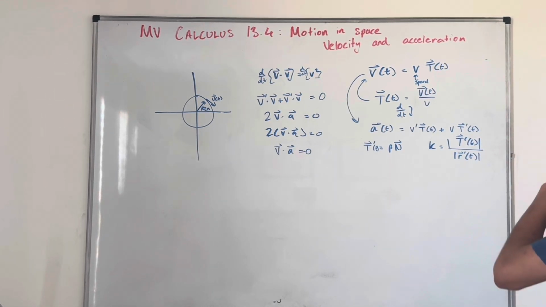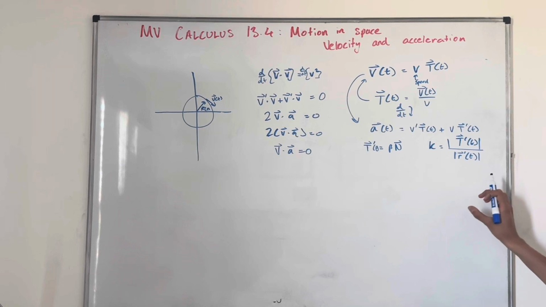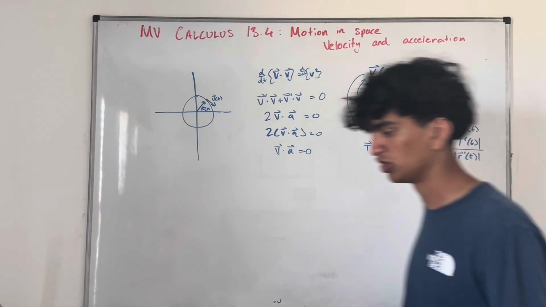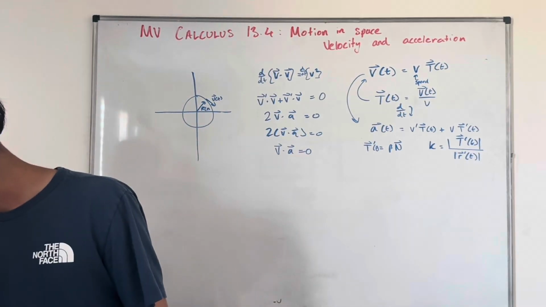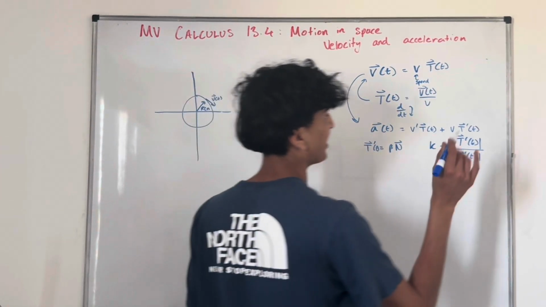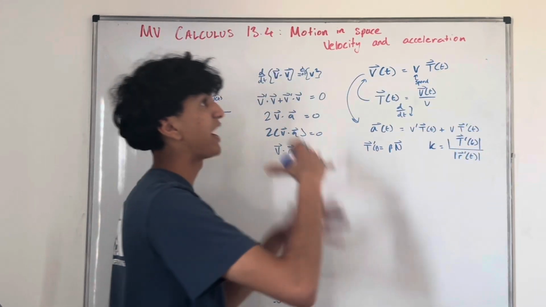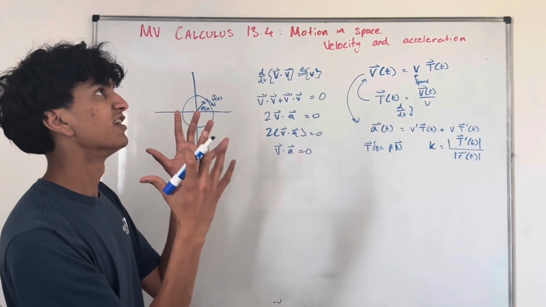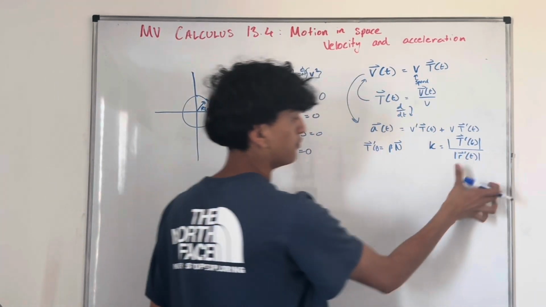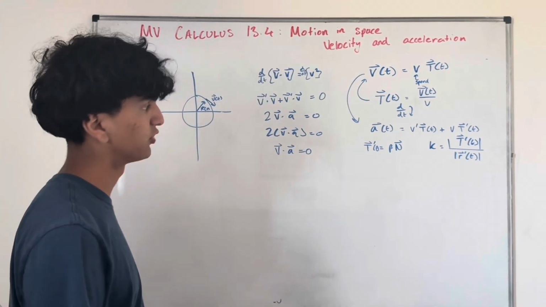How much does the magnitude at which the unit tangent vector changes compare to how much the magnitude of the position changes? That's what curvature is defined as.